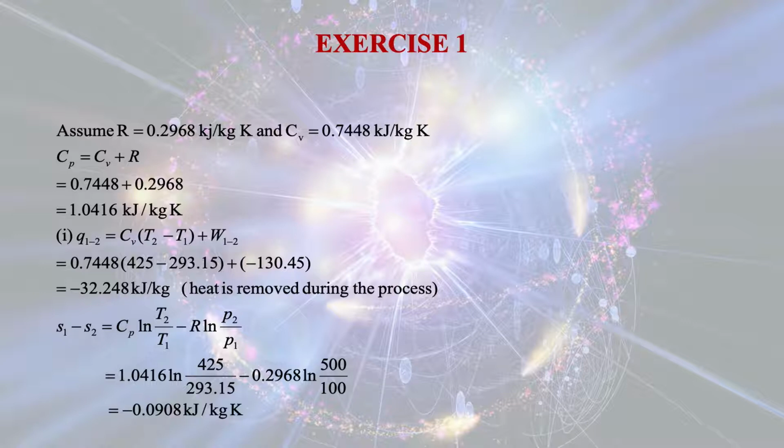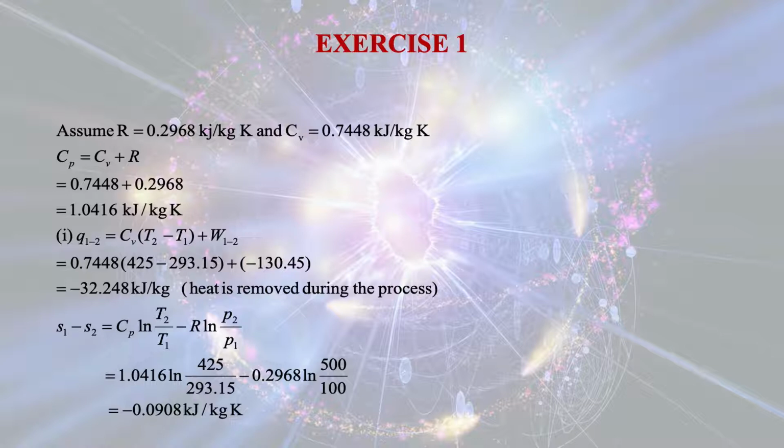So Q12 we will get as minus 32.248 kilojoule per kg. Here also you are getting a negative value, which means heat is removed during the process. Now let us calculate the change in entropy, that is S1 minus S2, which is equal to Cp ln(T2 by T1) minus R ln(P2 by P1).